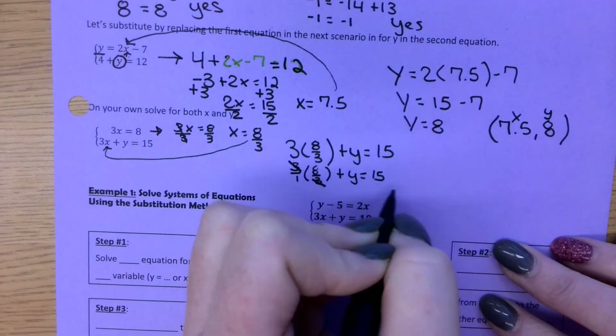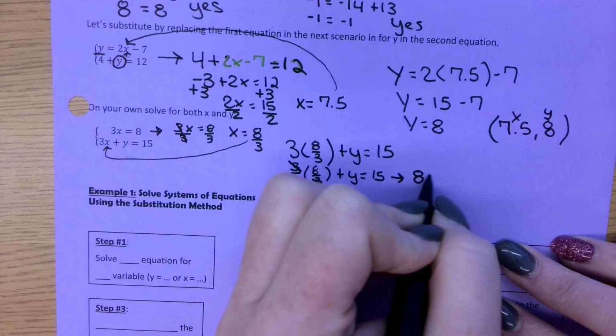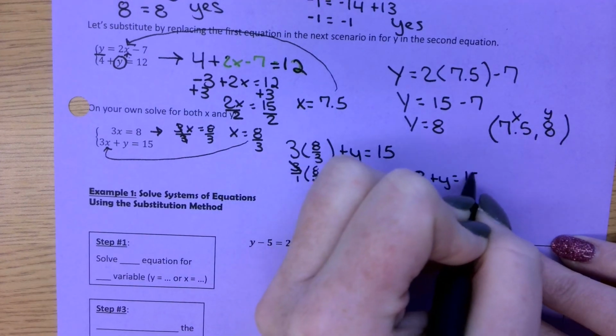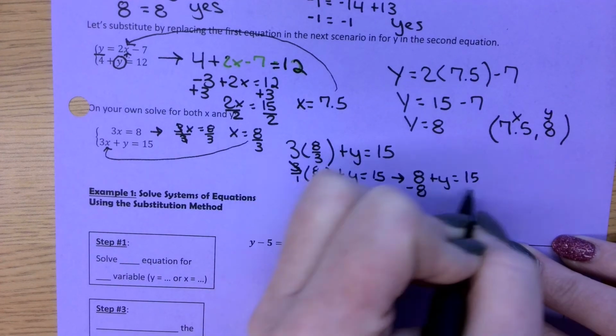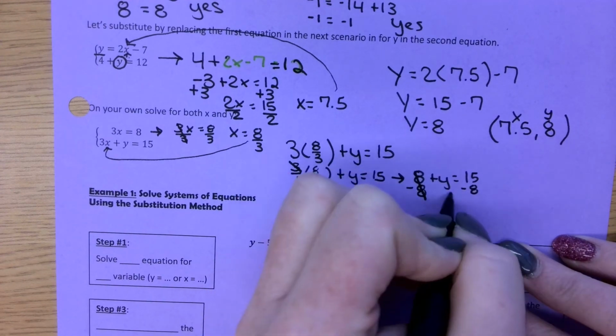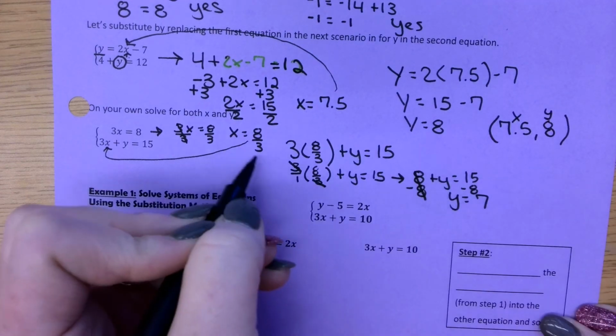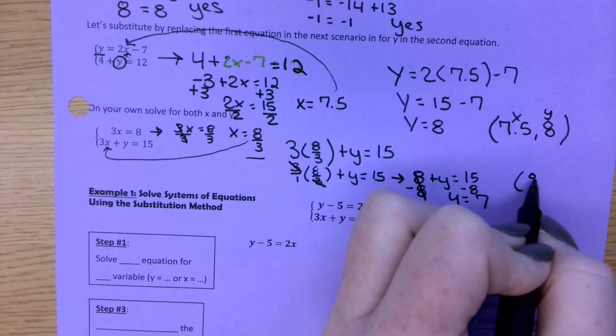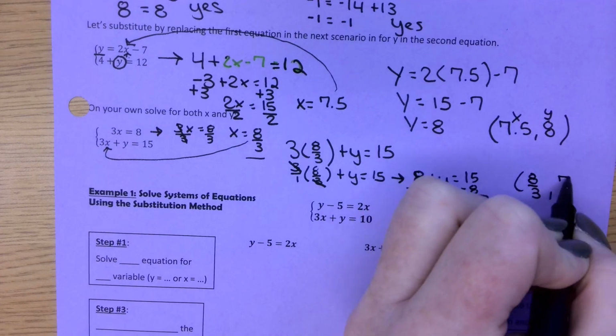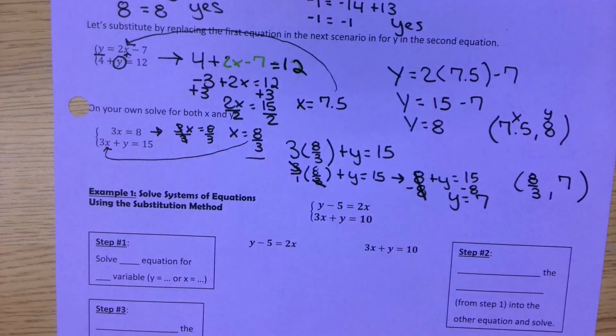I'm left with 8 plus y equals 15. Subtract by 8. Y equals 7. Okay, so my solution to this, x is 8/3 and y is 7. And that would be my solution.